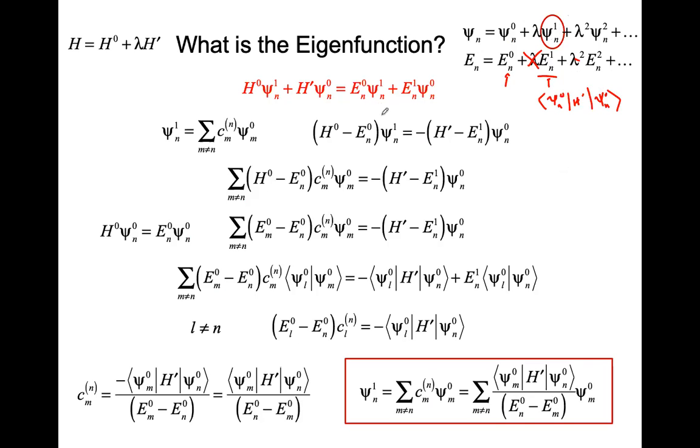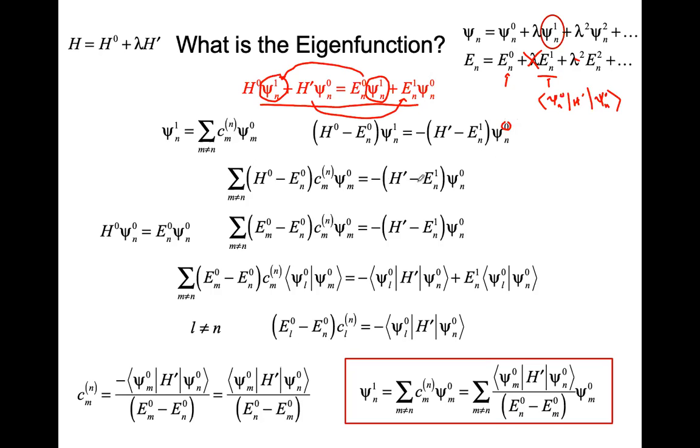I took this red equation again, the first order equation, and I brought this guy to the other side of the equation, because you'll notice it has the first order correction to the eigenfunction right there. And then I brought this to the other side because they're both multiplied by the original.